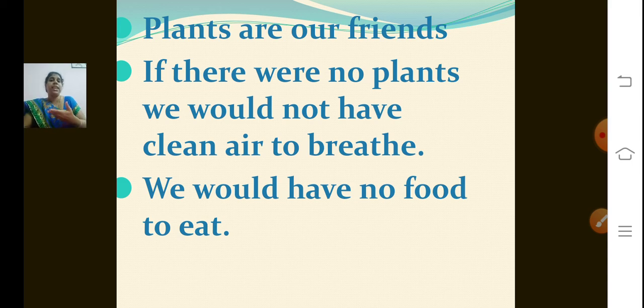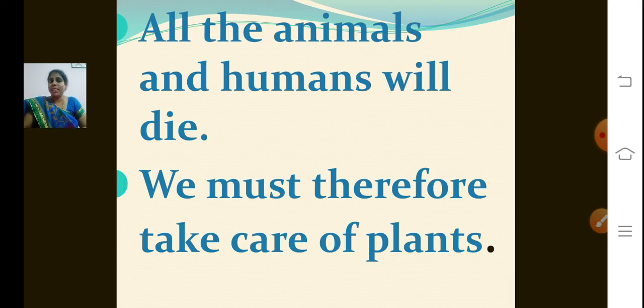We cannot breathe and we cannot eat, right? So we should not cut the plants and trees. All the animals and humans will die. So without plants, we cannot breathe and we cannot eat, right? So can we survive? No. All the animals and humans will die.